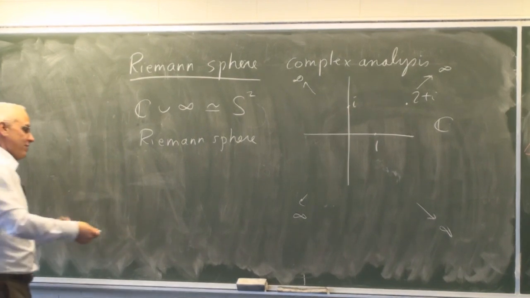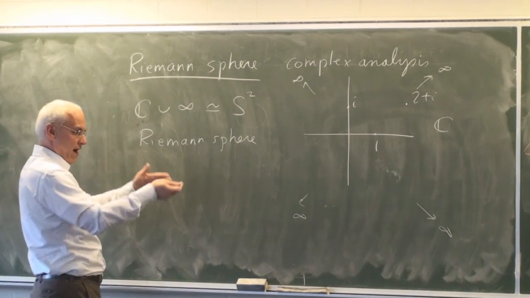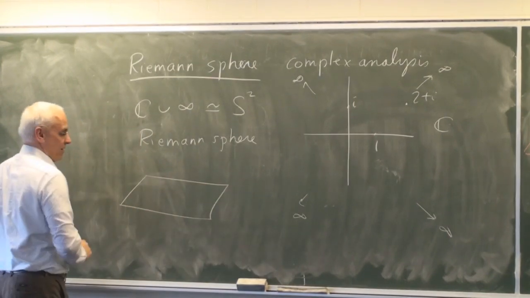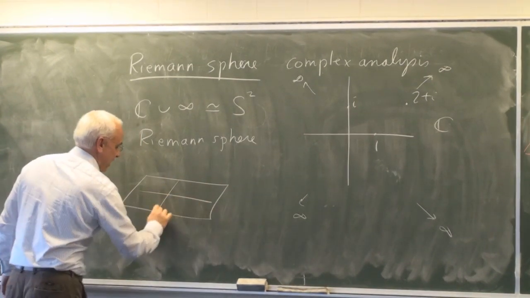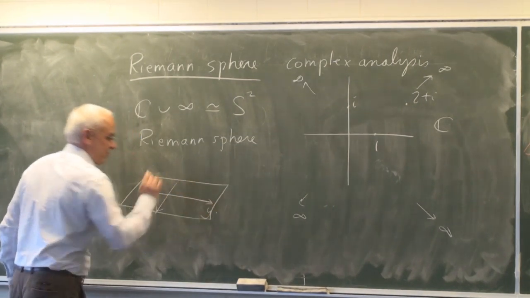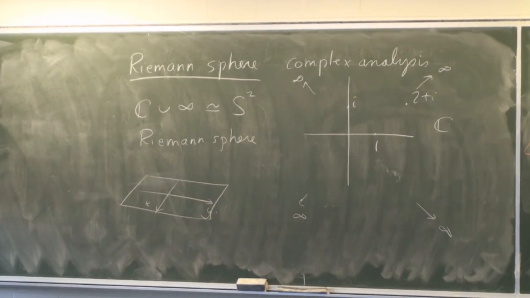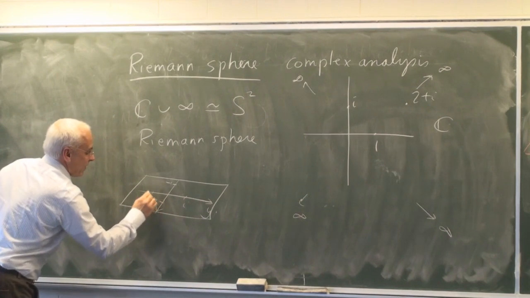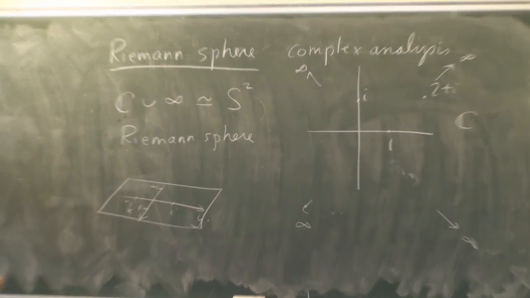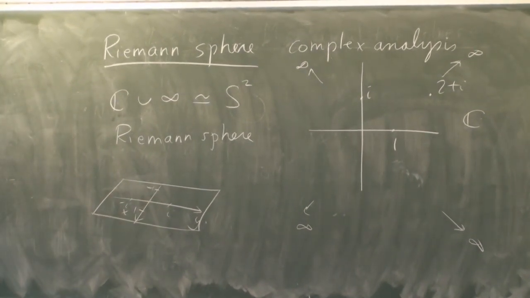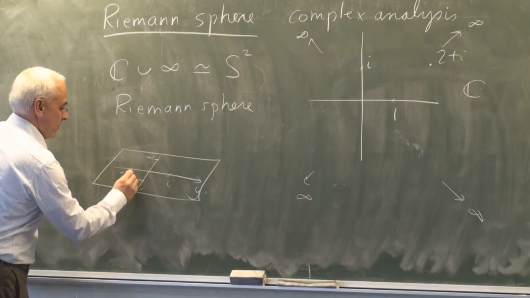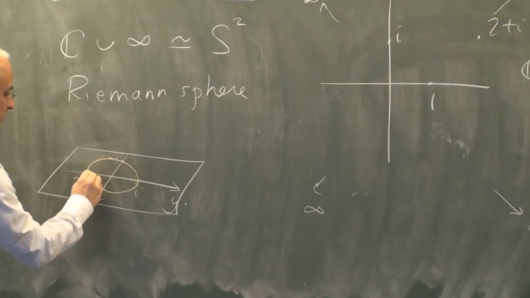And we can visualize it by essentially doing stereographic projection, just like we've been talking about here. So we can take the complex plane with its x and its y coordinates and lay it sort of horizontally. We can find there's 1, and there's -1, and there's i, and there's -i, and the unit circle lying in that plane.